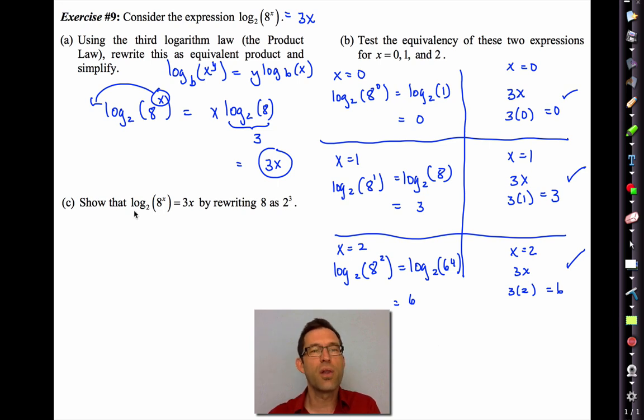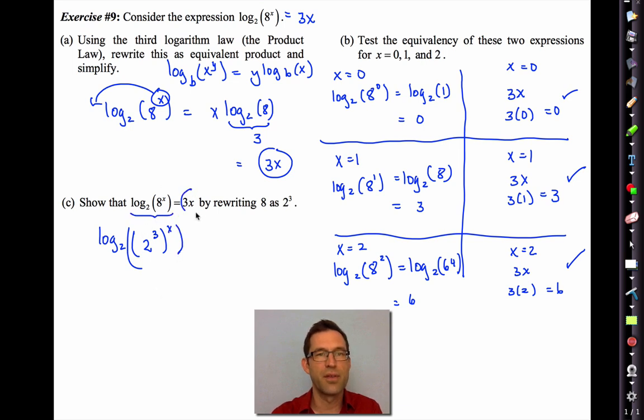It says, show that log base 2 of 8 to the x is 3x by rewriting 8 as 2 cubed. In other words, forget about the logarithm law. 8 is equal to 2 cubed. All right? So really, I have 2 cubed to the x. That's not really what this is. Don't worry about this right now. Don't worry about that. Okay? But using the exponent law that says something raised to an exponent raised to another exponent is their product, I can do this.